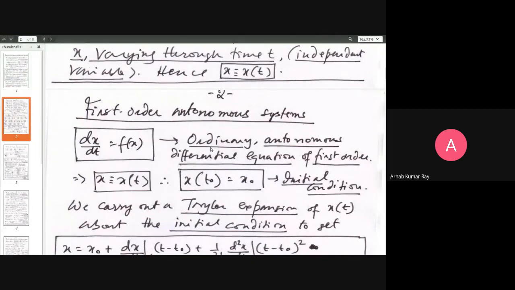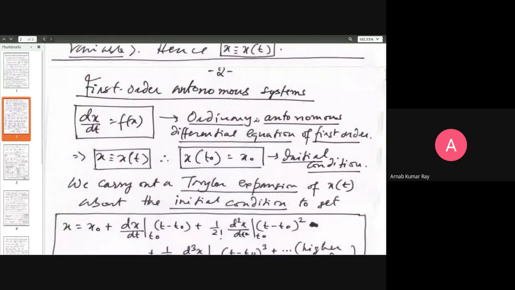That is the representation. So you should understand this is a first order autonomous differential equation. Any physical system expressed by an equation of this form is called a first order autonomous system. We shall look at physical cases later.